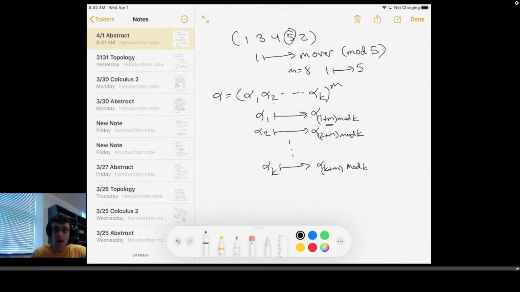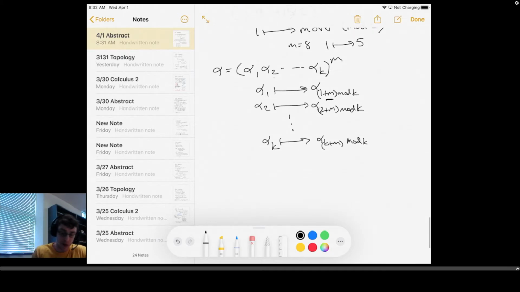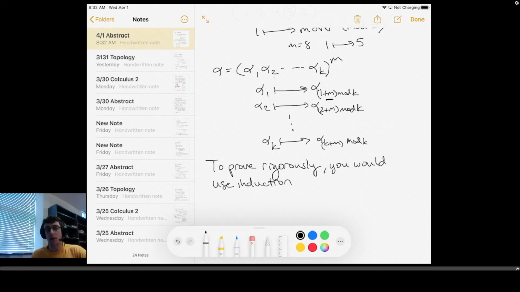So in general here, if you actually wanted to prove this rigorously, which I'm not quite going to do here, this might be a problem set thing where I have you actually write it up super nicely, but to prove this rigorously, you would use induction on m. Basically your base case would be what happens when you square it, you see that it goes over, or well, you could honestly just do the first power, but then essentially seeing what happens when you multiply 2 of them and that it goes over 1 from the previous is your induction step, okay?